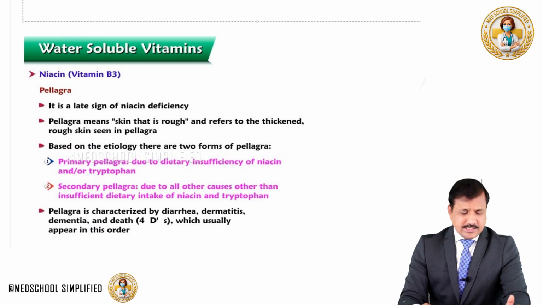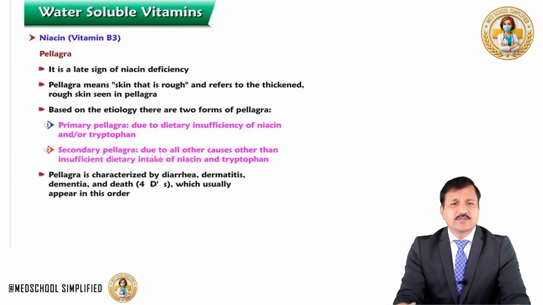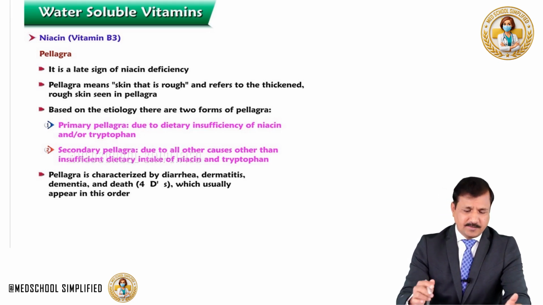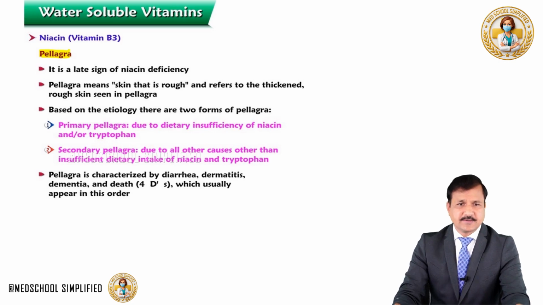Now, let us move on to see what are the deficiency manifestations of niacin, which is referred to as pellagra. So, niacin deficiency leads to a disease condition called pellagra. Remember the term pellagra. Pellagra is the disease of niacin deficiency.